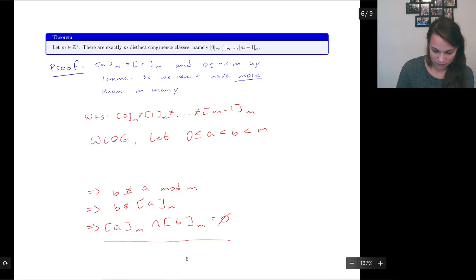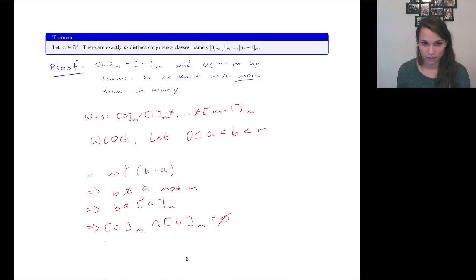So we want these guys to be empty. We don't want them to overlap, which means B won't be in here, which means it won't be A mod M. So that means M won't divide B minus A.